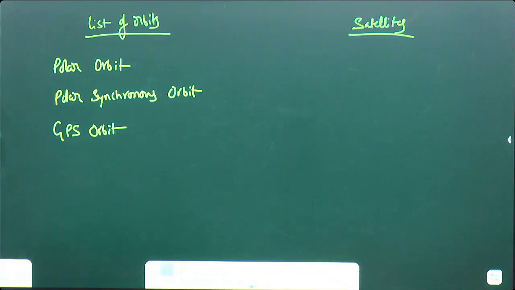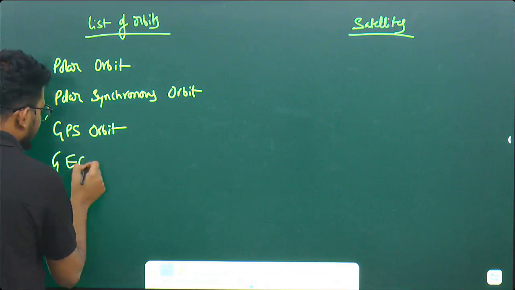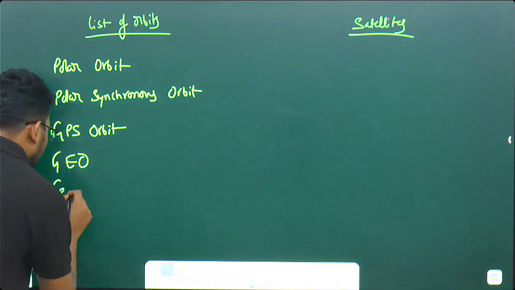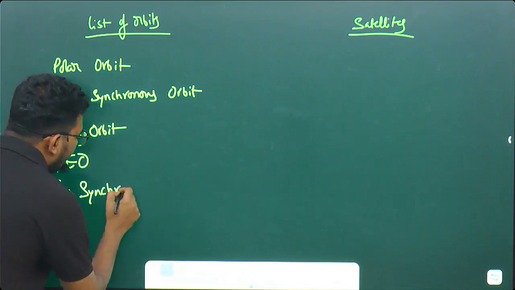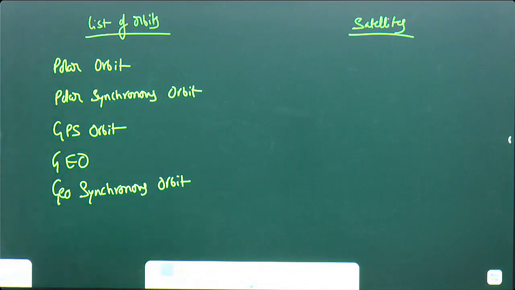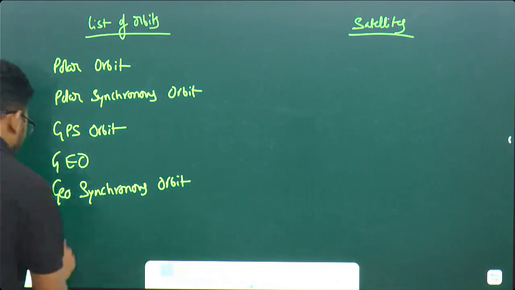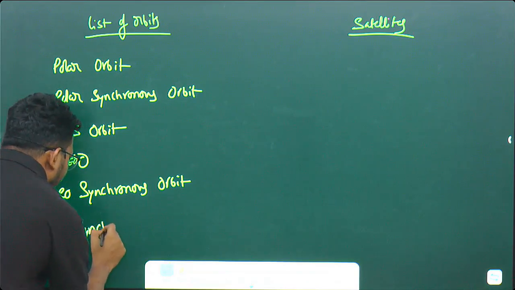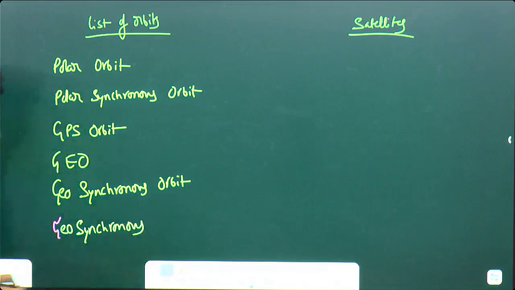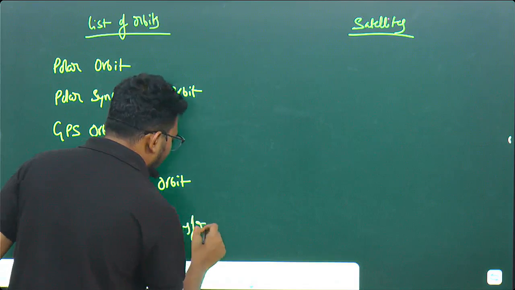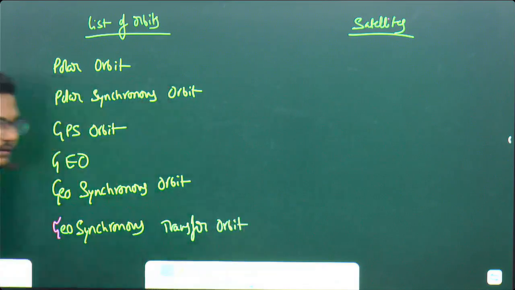Fourth one is GEO, which means geostationary earth orbit. Then geosynchronous orbit. And then geosynchronous transfer orbit. Okay, write down all these things.